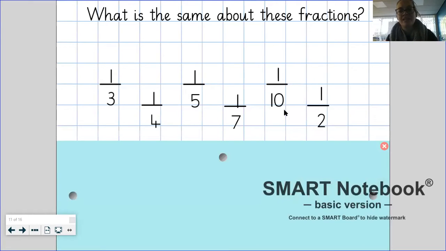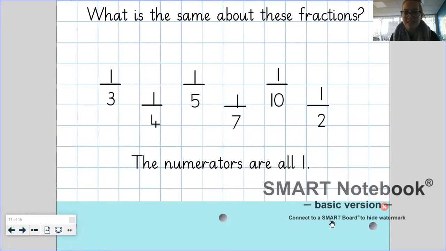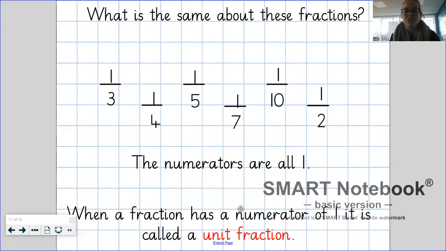So let's have a look at these fractions. We've got 1/3, 1/4, 1/5, 1/7, 1/10, and 1/2. What is all the same about those fractions? If you said that they all have a numerator of 1, you are correct. All the numerators are 1. When a fraction has a numerator of 1, it is called a unit fraction.